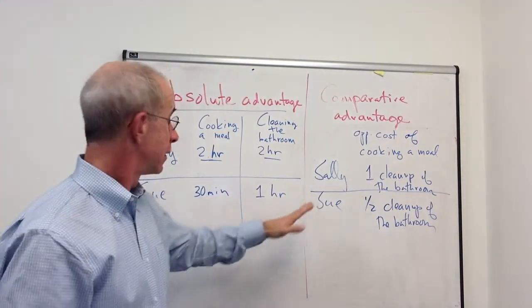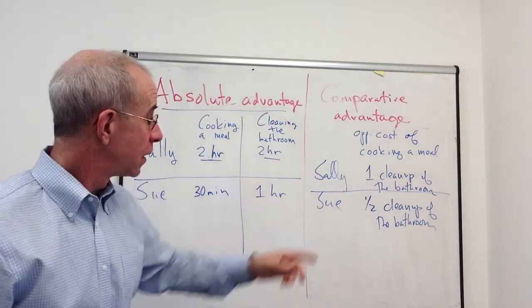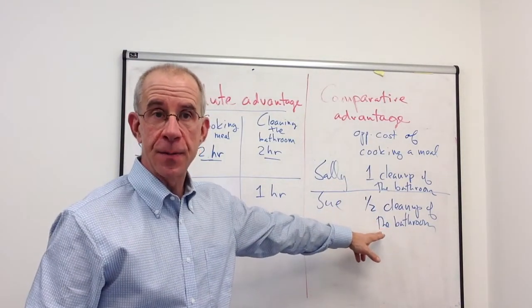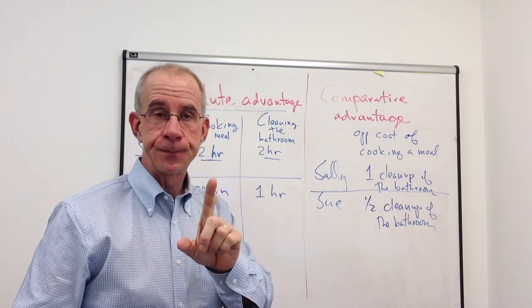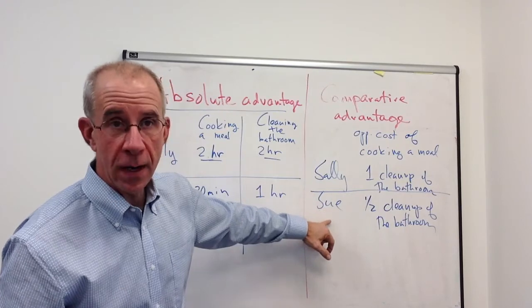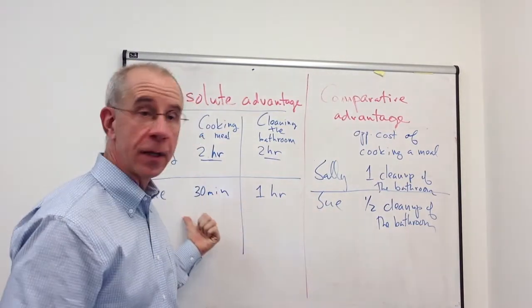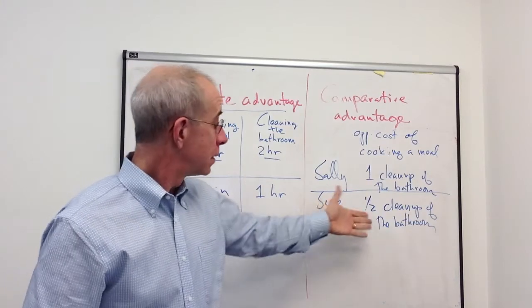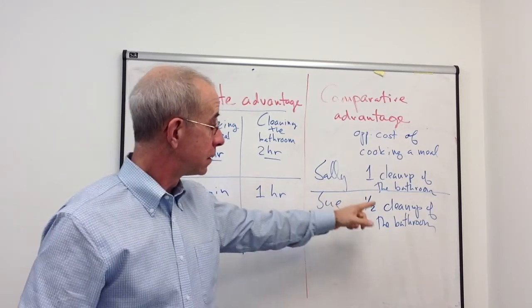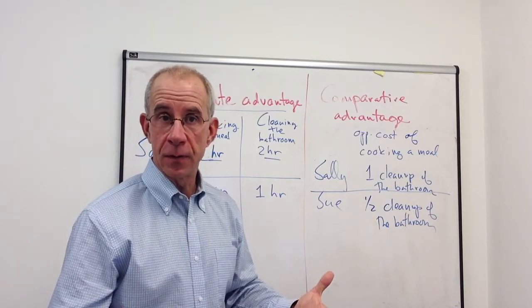In fact, Sue could produce 2 meals for the time it takes to clean up the bathroom once. In this case, Sue has the comparative advantage in cooking. She can do the meal, take up only half the time to clean the bathroom, and have time left over.